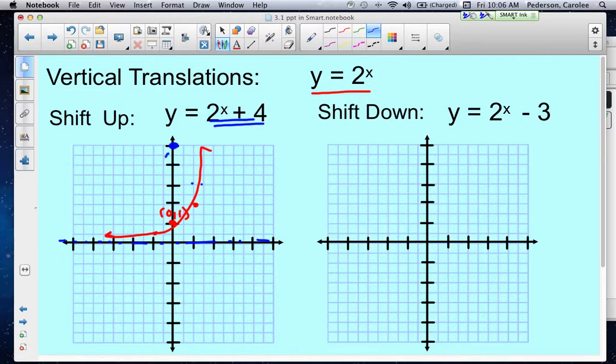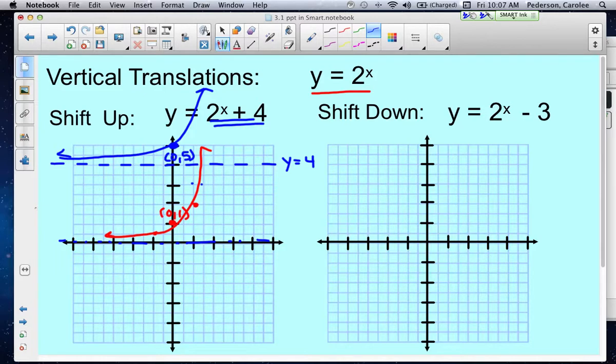There we go. Over 0, up 5. So the asymptote is at y equals 4. Yep, and I would just do the critical point if you're doing a quick sketch. When it asks for more pieces, then you can evaluate the function. And a lot of times you could do like 2 and -2 or 1 and -1.